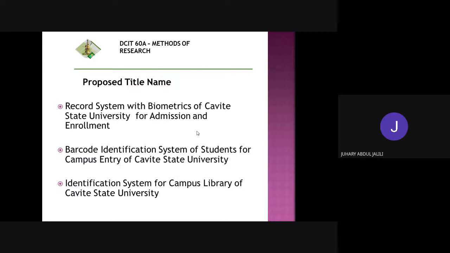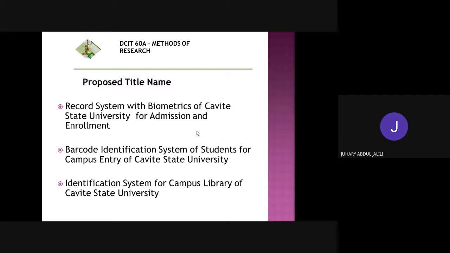This kind of system is used by first world countries when it comes to registration of their students, and it lessens the hassle of long lines and, of course, the traditional way of writing down information every time. Even though you are already an old student, you have to fill up something in order to get re-enrolled to the next year level.